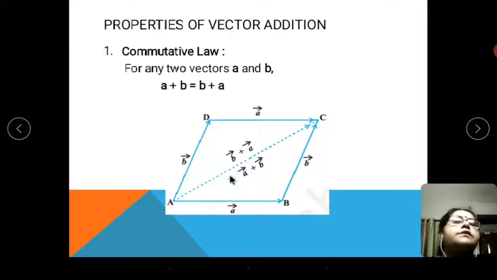So this third side AC represents A plus B. However, if we consider the triangle ADC, then AD plus DC, that means B plus A, is the third side. So AC, the diagonal of the parallelogram, is representing both A plus B and B plus A, and hence they are equal.